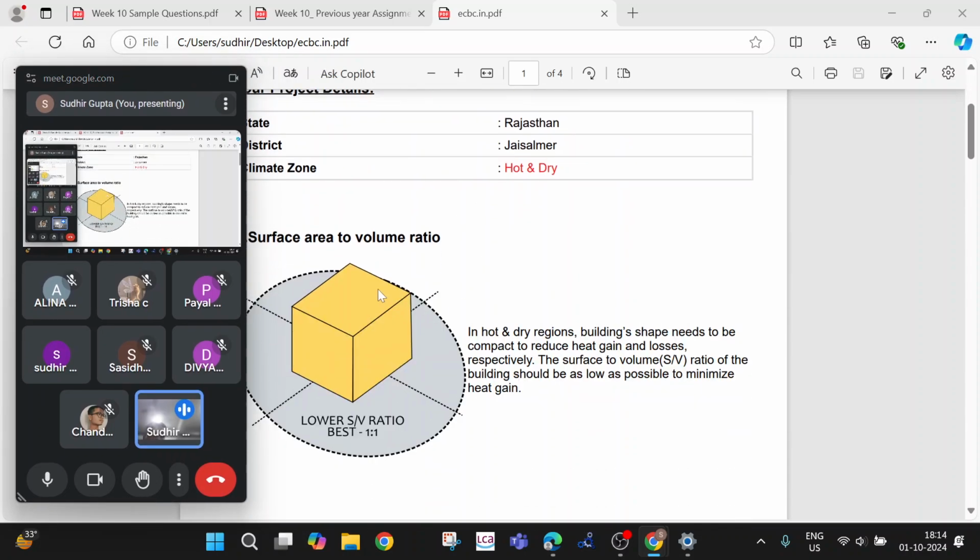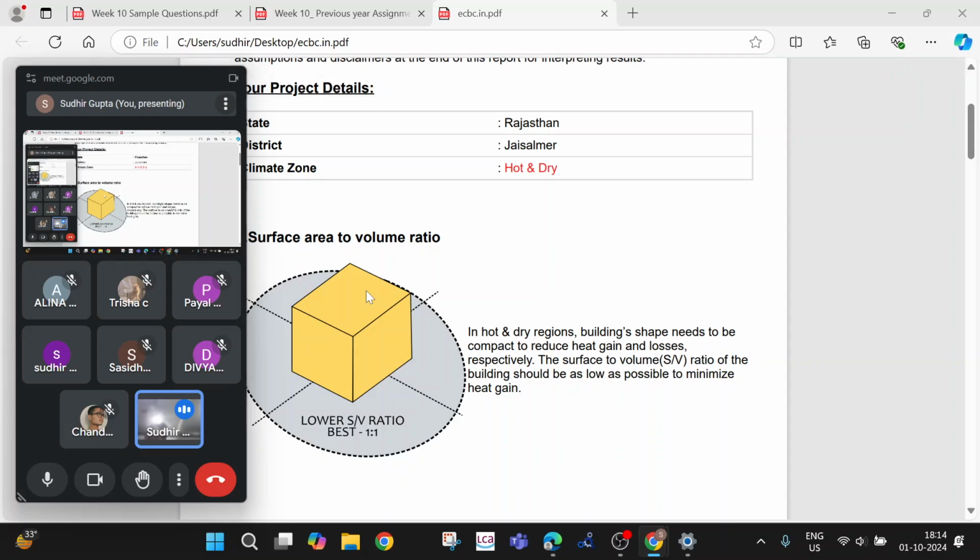So there also you can try to minimize the surface to volume ratio. In the cold climate condition, you don't want the warm air of the room to be transferred or heat to be lost to the surroundings.